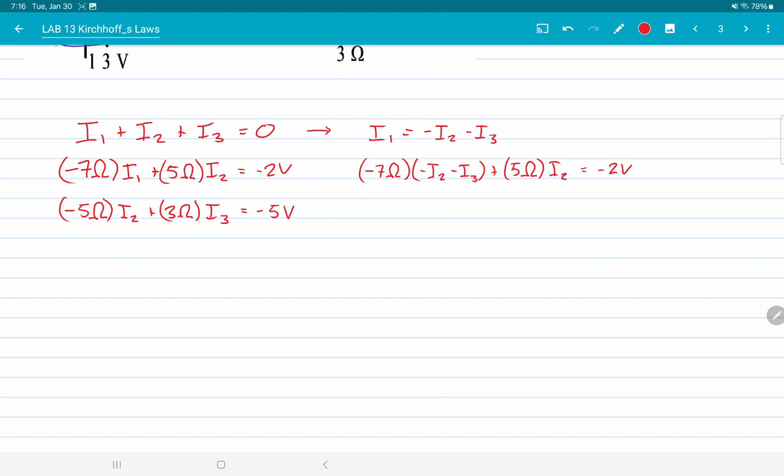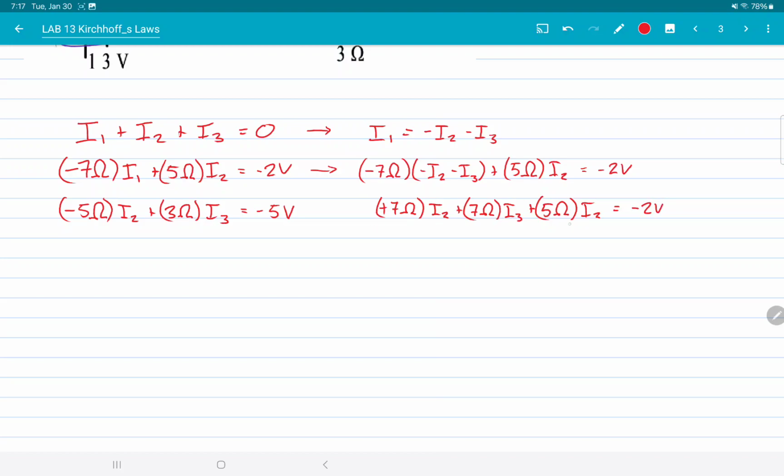Well, I could solve this for, let's say, I3, or I could solve it for I2. Simplify this down a little bit. So I would have plus 7 ohms times I2 plus 7 ohms times I3 plus 5 ohms I2 equals minus 2 volts.